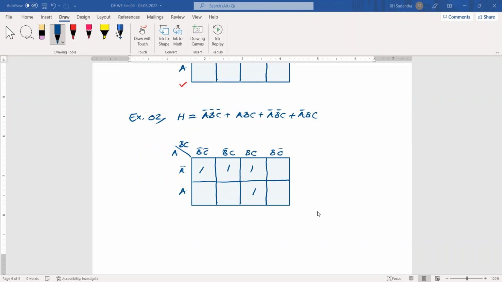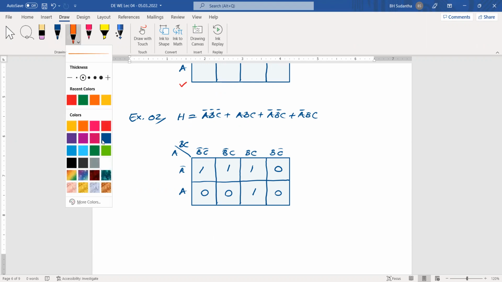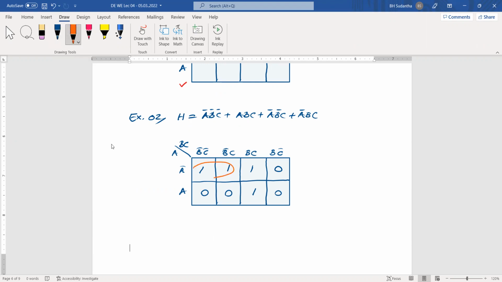Yes, sir. Okay, now in this map, we have this arrangement. Then how can we make groups here? We can make a group combining these two. And what is the name for this one? This is A bar, because we need support from A bar. It's on the A bar row. Then we need support from these two columns, so it's B bar.